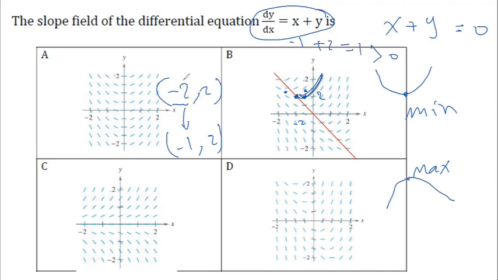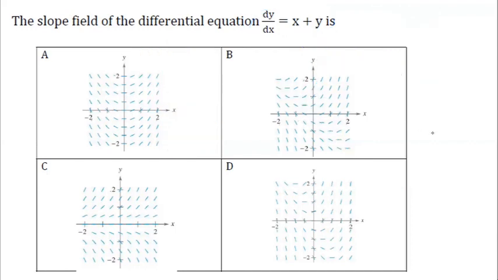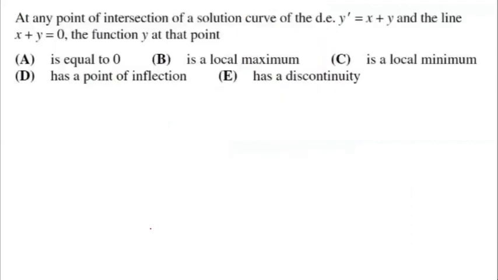If you take a point to the left, like negative 3 and 2, and substitute, you will get negative 1, a negative slope. It means you have been decreasing before and increasing after, so it's a minimum. The intersection point will be a local minimum.